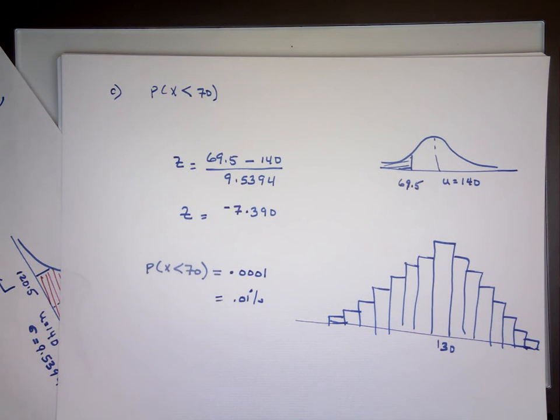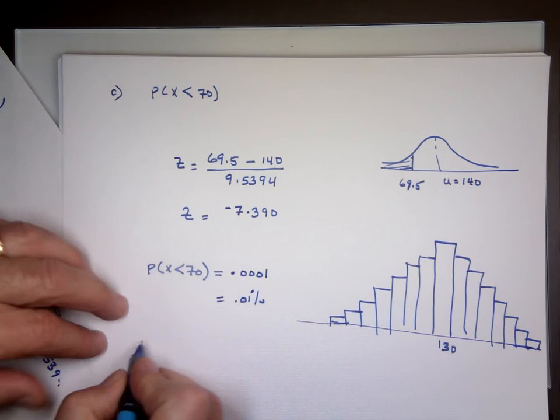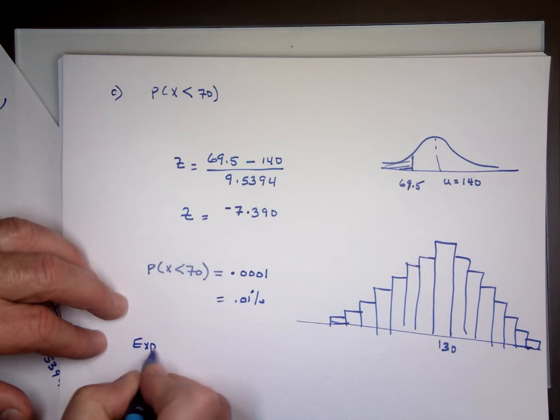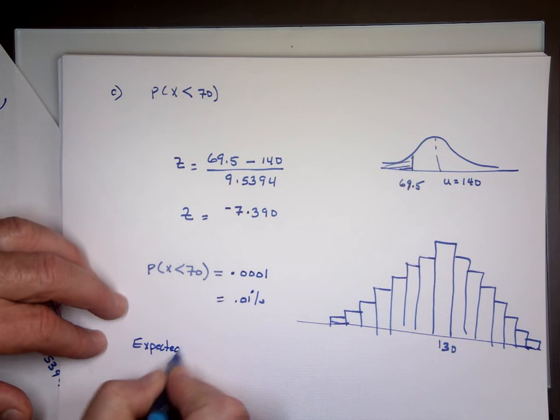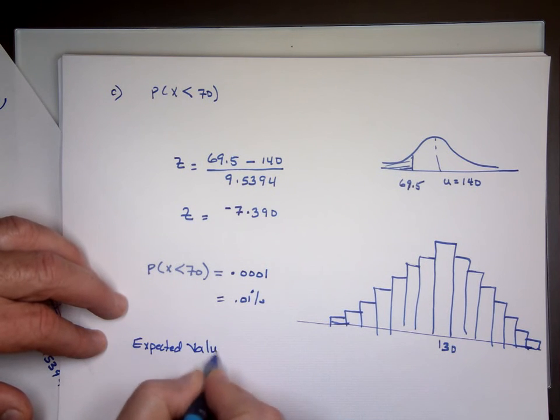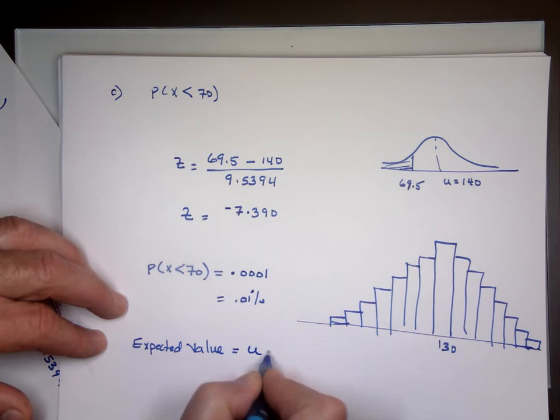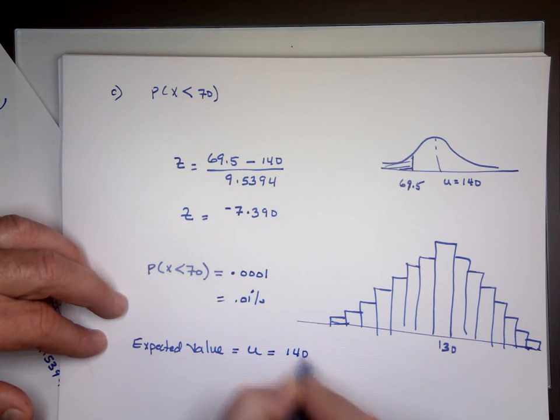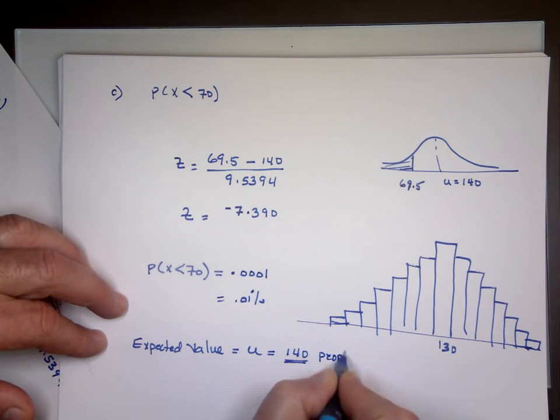The expected value for that group is equal to the average, which is 140 people. Was it 140? Yep. To vote for him.